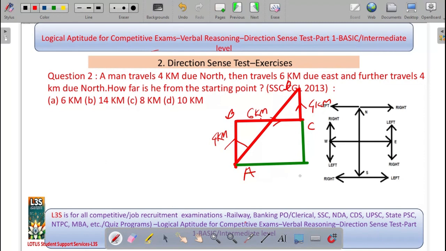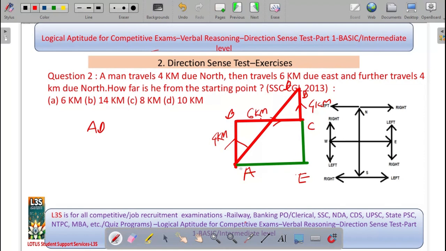Say this point is E. It is D, okay? Now we have to find out AD, because he started from A, then he went up to B 4 kilometers towards north, then again he took right towards east 6 kilometers, then he went north 4 kilometers, so he reached D. Now we have to find out the A to D distance.